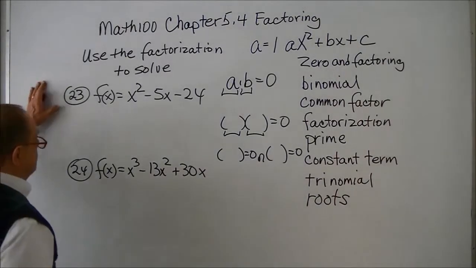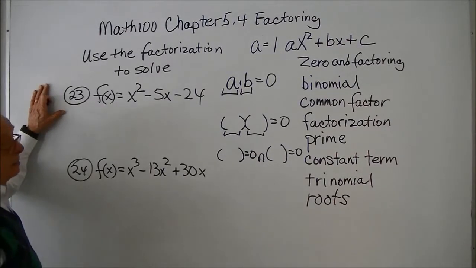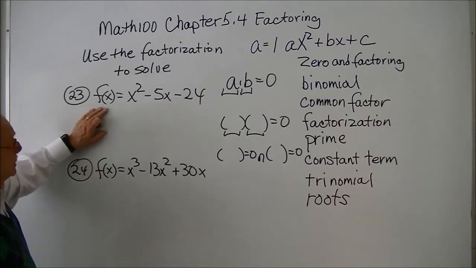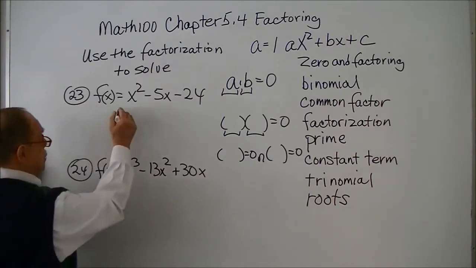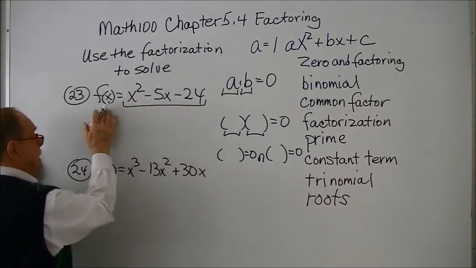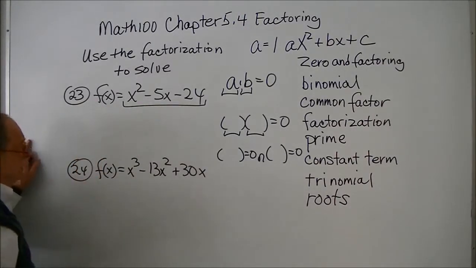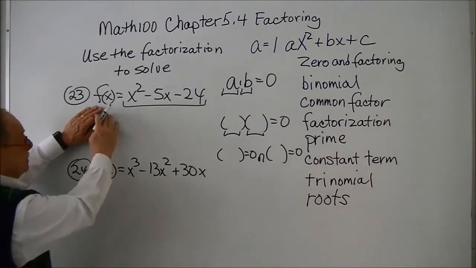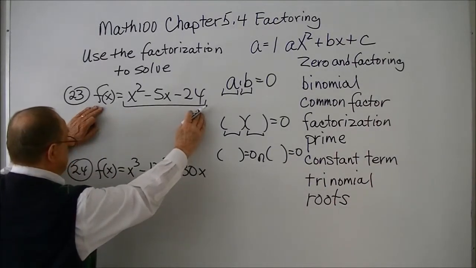Okay, we left number 22 out, which is similar to 21. But 23 shows now this quadratic expression in function notation. And actually what they're asking us to do here is to find the zeros.